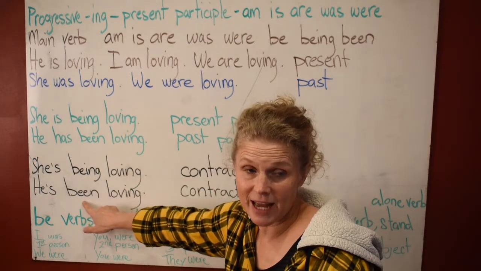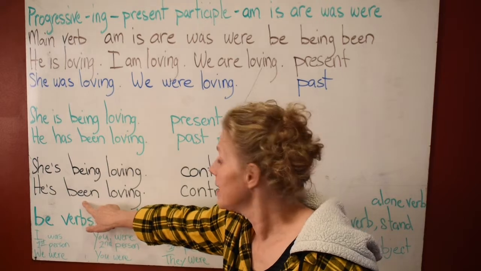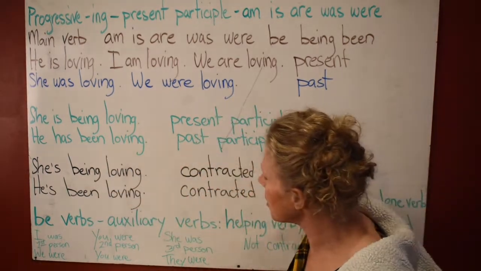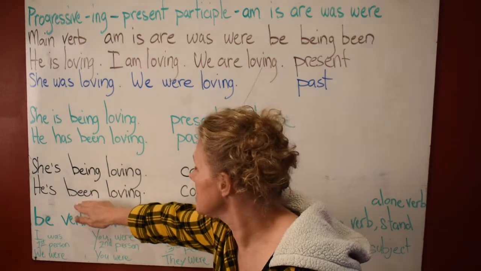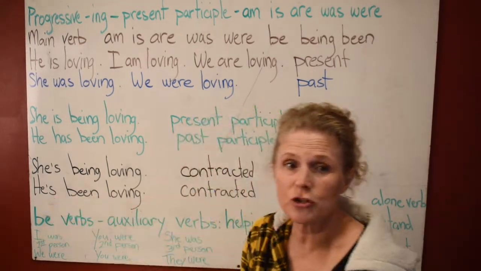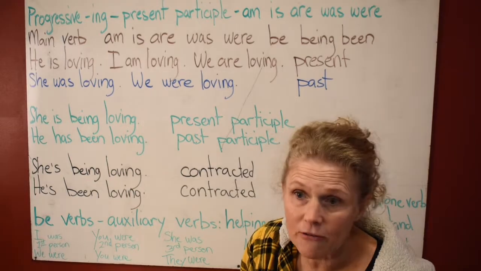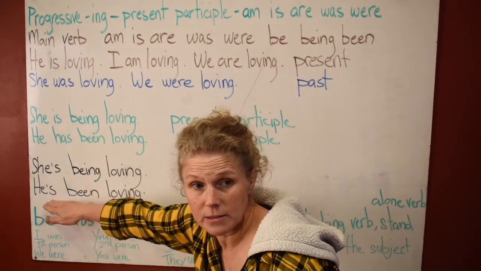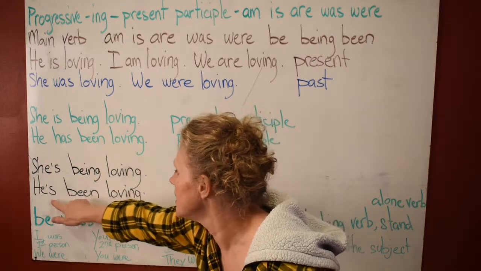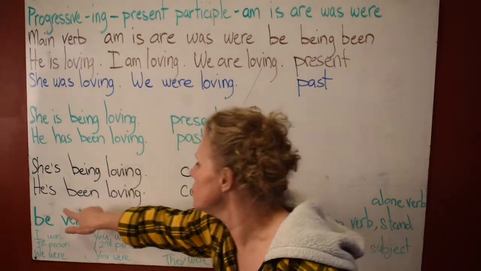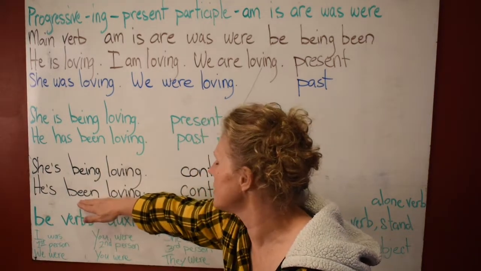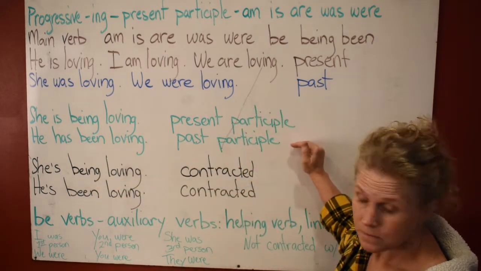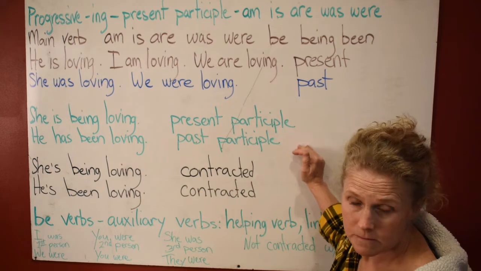It's the perfect tense. It's the past participle sitting in the perfect tense. So you know you have to use has or have or had right there, right? You can't use is right here. So you know this word is has because it is the past participle. Okay, does that make sense? Okay.